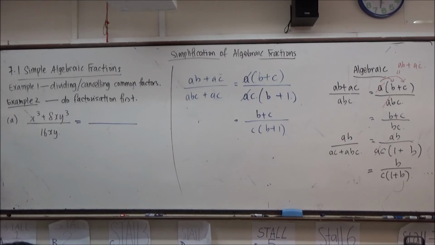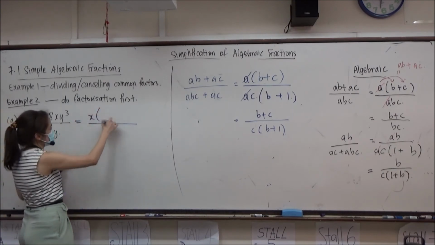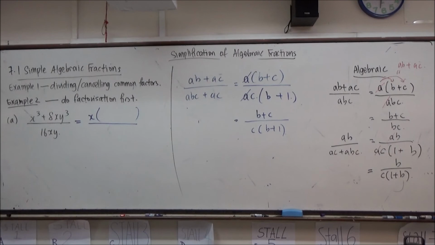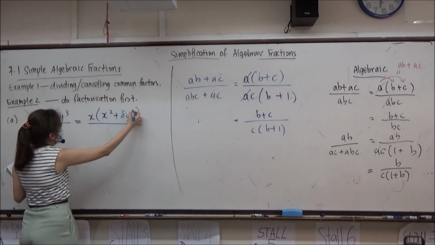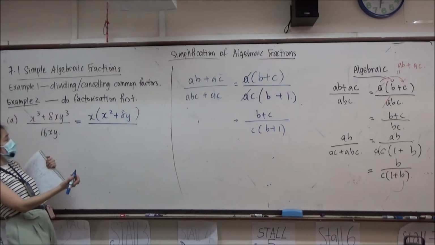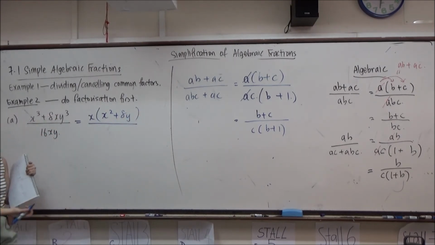x cubed plus 8xy cubed. What is in common? How many x? 1. Very good. And then what's going to be left inside the brackets? x squared, 8y, 8y what?